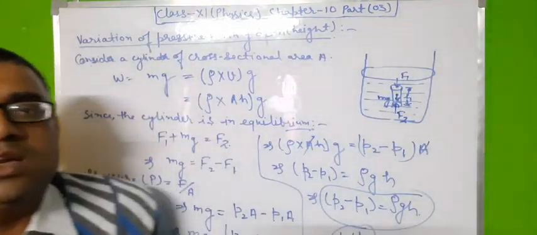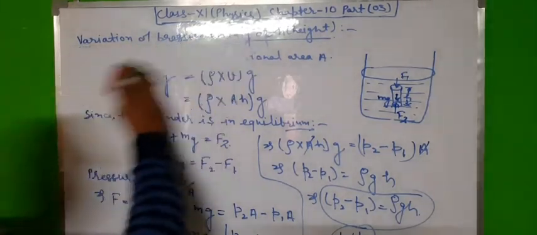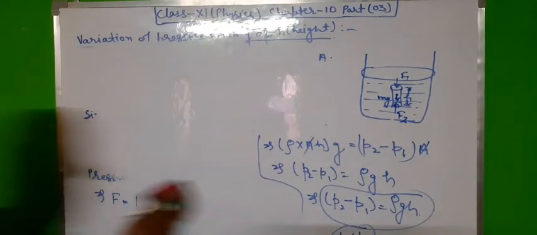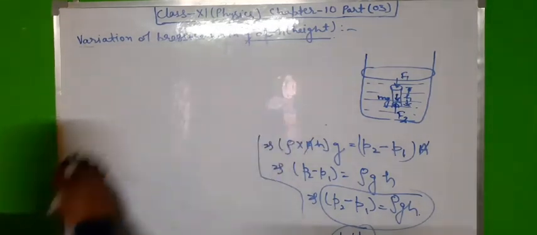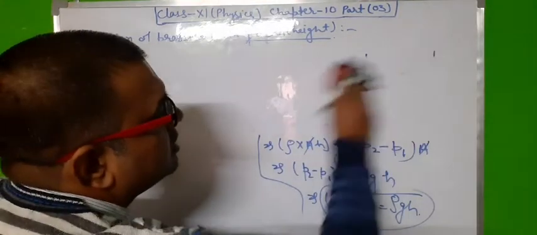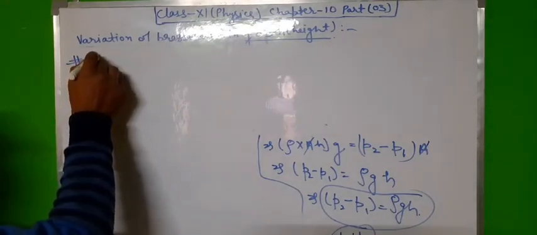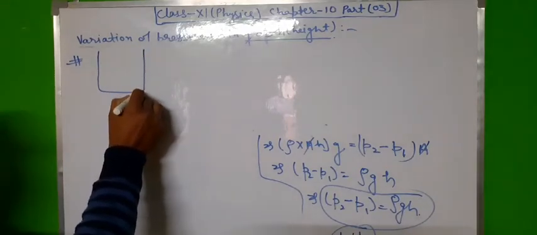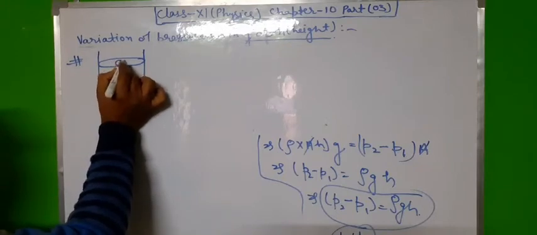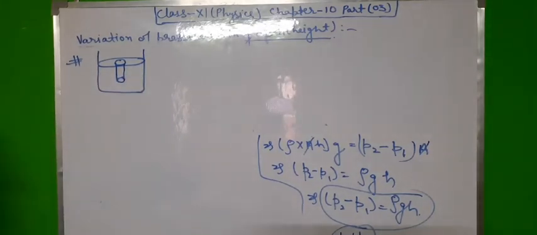Now look at here, suppose the top surface of the cylinder is at the surface of the liquid.